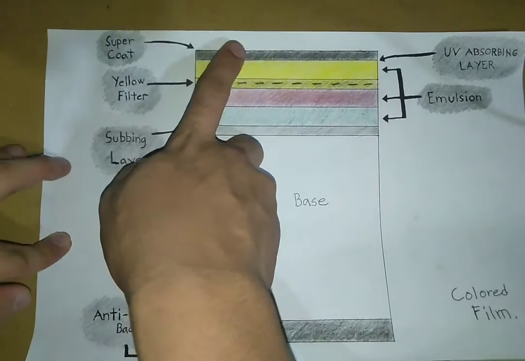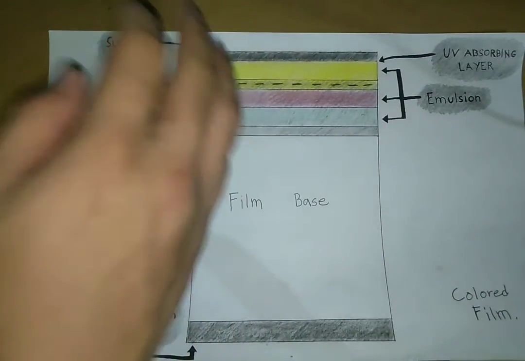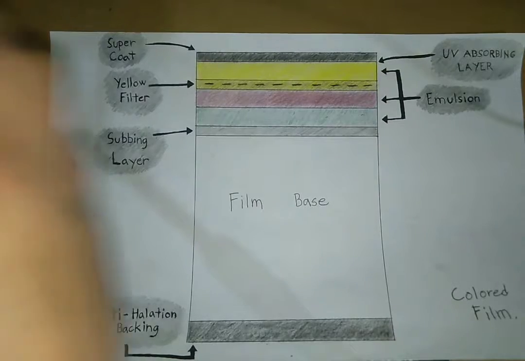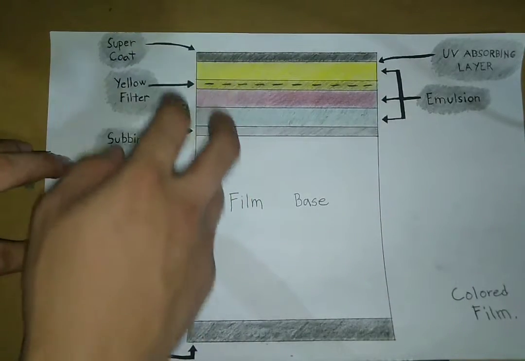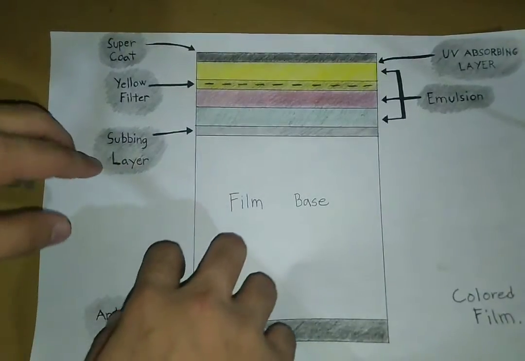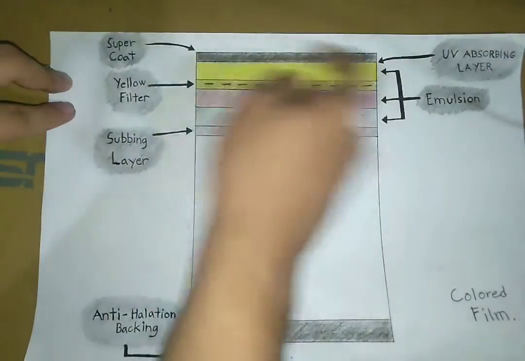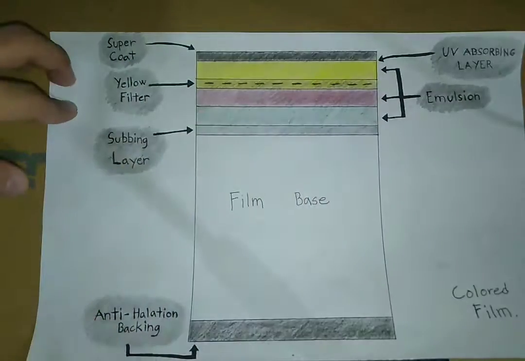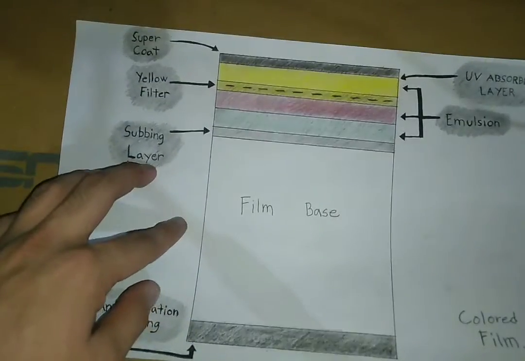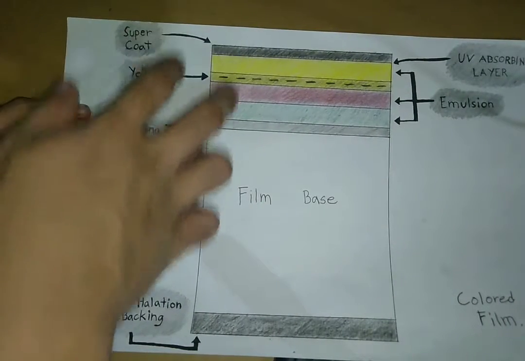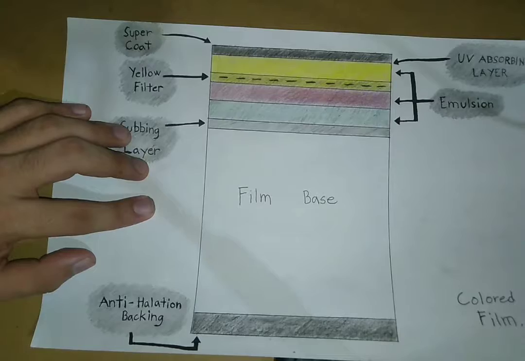This top coat is a layer of plain gelatin that protects the underlying layers against abrasion and damage. So, the super coat is usually our top layer. It acts as protection to prevent the layers underneath it from having abrasion and damage.